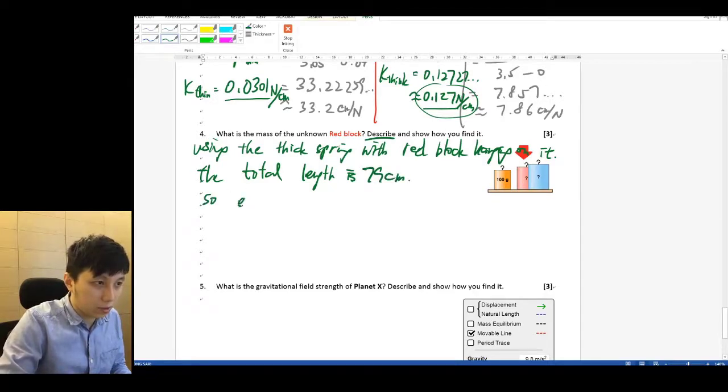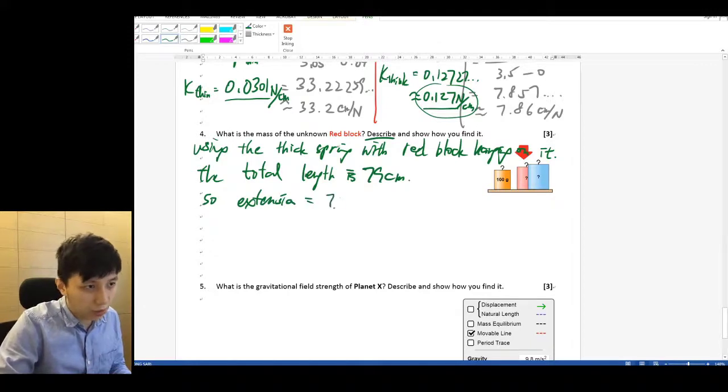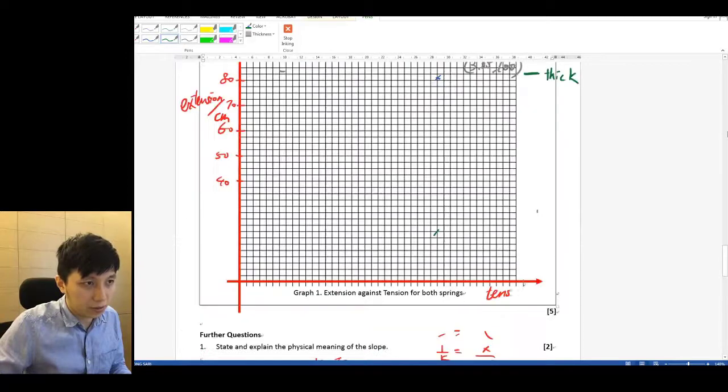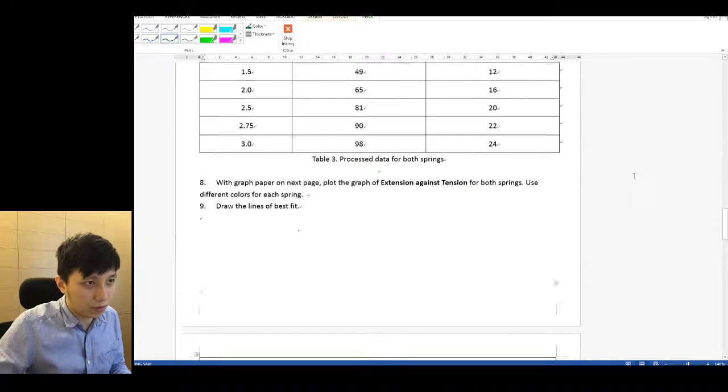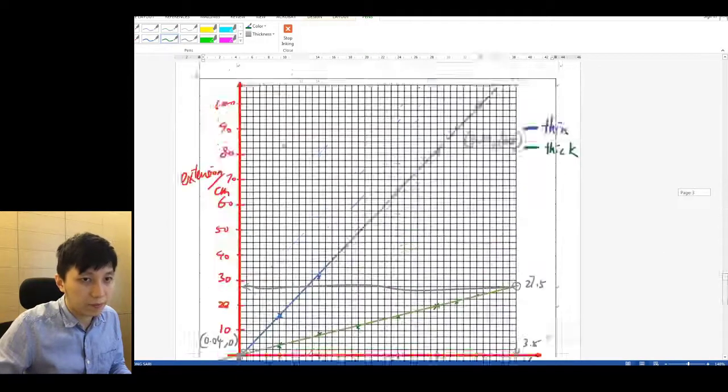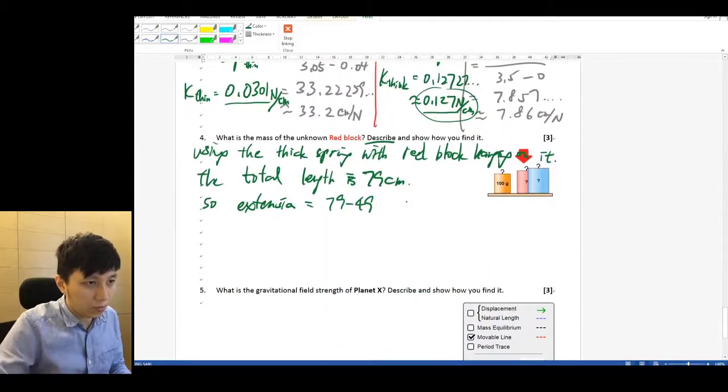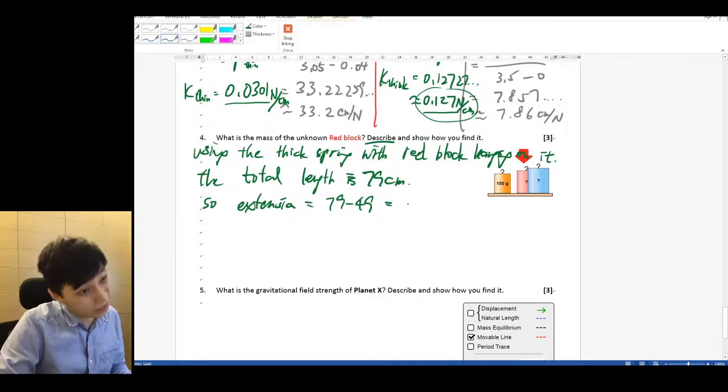So the extension is found by subtracting, so 79 minus 49, I think. Let's double check again. I think it was 49 earlier. Yeah, 49. And so the extension is simply 30 cm.